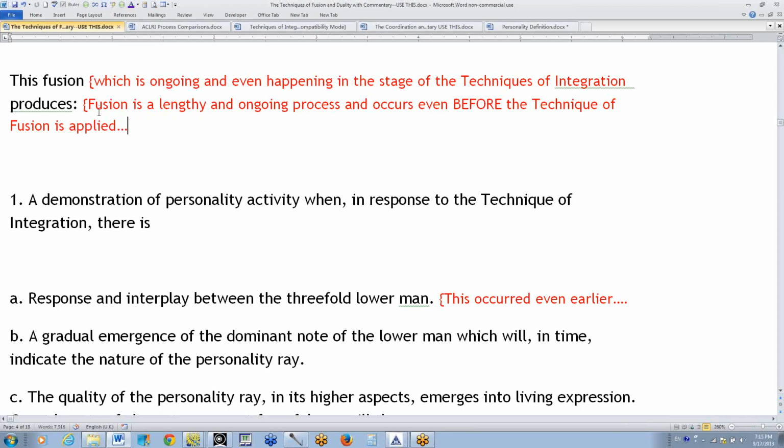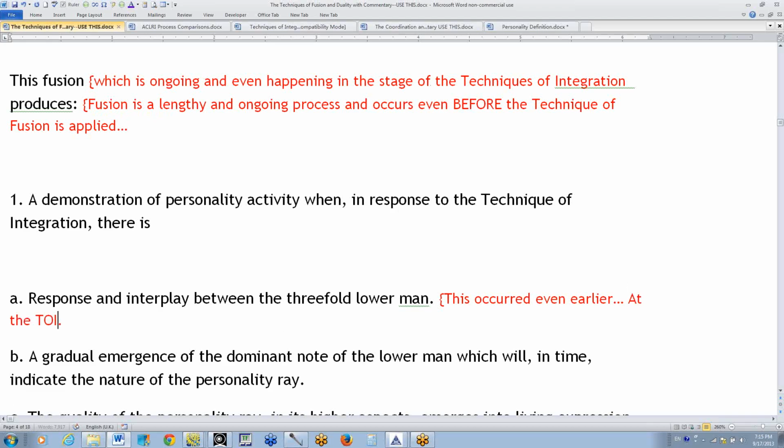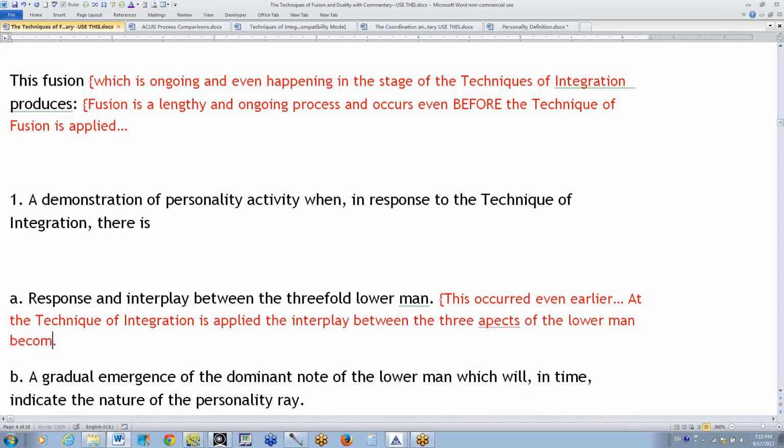So there is a demonstration of personality activity in response to the technique of integration, when there is response and interplay between the threefold lower man, and we can say that as the technique of integration is applied, the interplay between the three aspects of the lower man becomes even more complete.